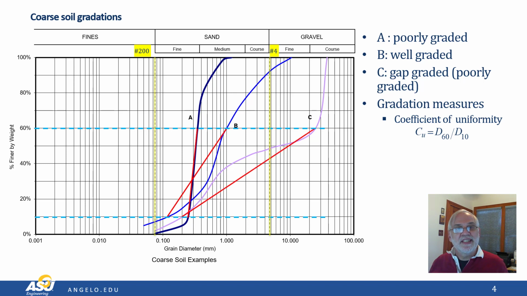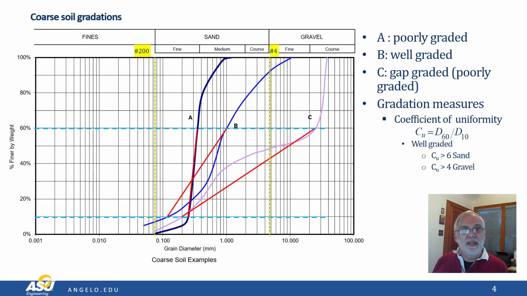C sub u is actually proportional to the inverse of the slope of the curve, so soil C has the largest coefficient of uniformity, and soil A the smallest. For a soil to be well graded, we want it to have a relatively shallow slope like soil B, rather than a steeper slope like soil A.